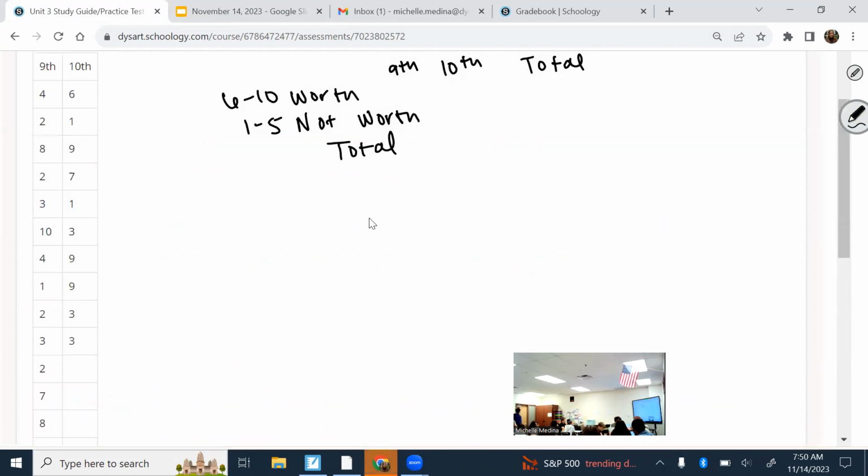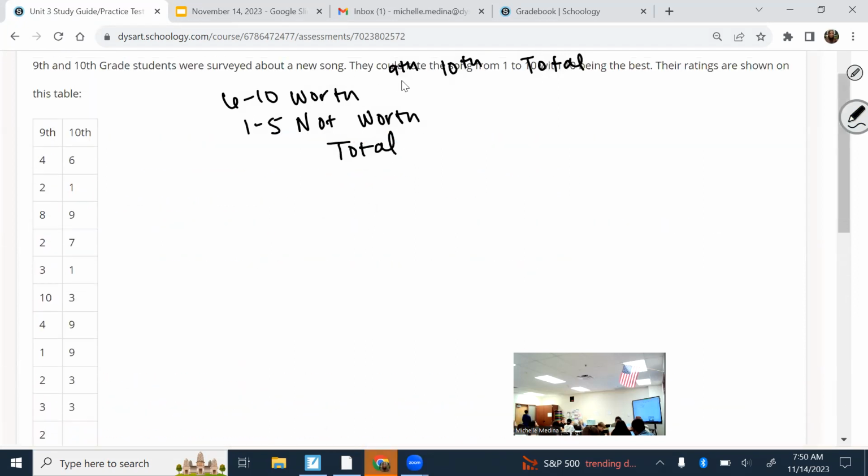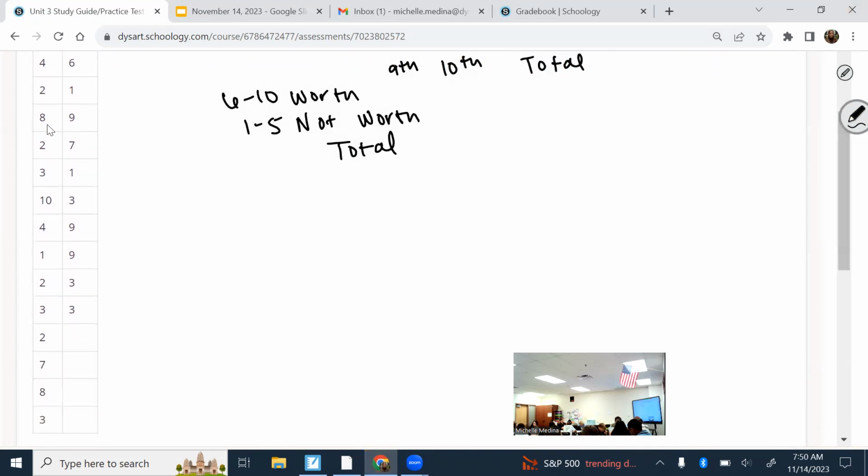So now let's go back to the data. So of the 9th graders, we're going to count how many chose a rating of 6 through 10. So I'm going to count. You guys can count too, and we can see if we get the same answer. I counted 4. Did anyone get a number other than 4?